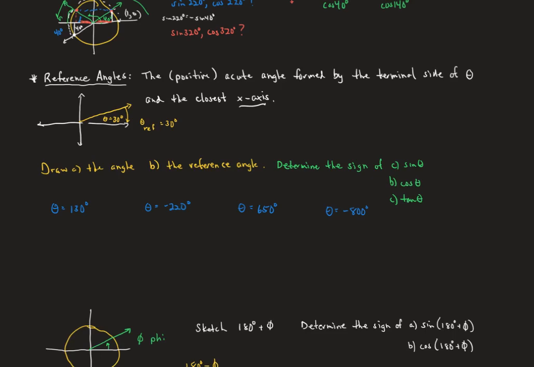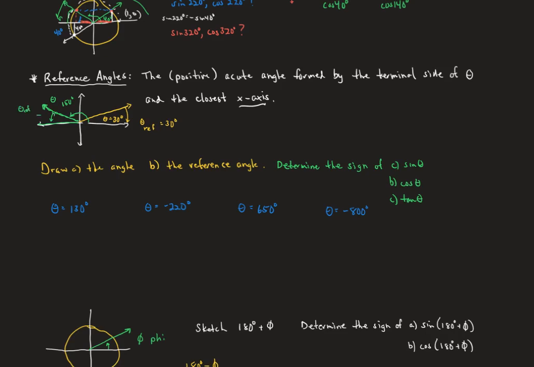Now, if I take an angle over here, say in quadrant 2, and I'm going to call this 150 degrees, so there's now the theta, then the reference angle is the angle that goes from the terminal side to the nearest x-axis. So this is going to be the reference angle.